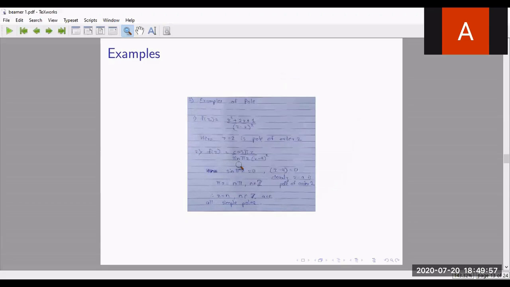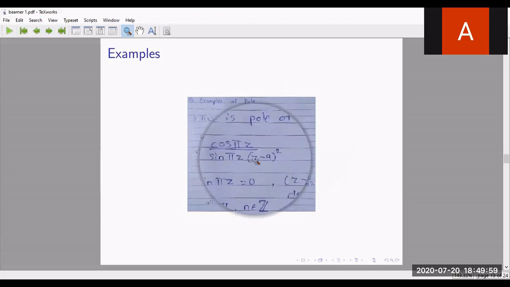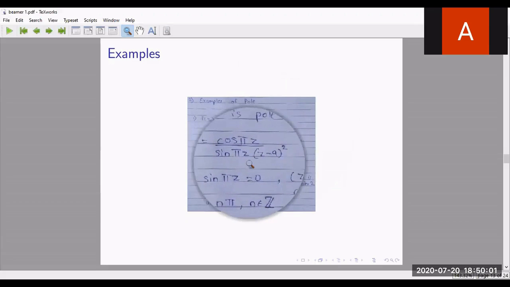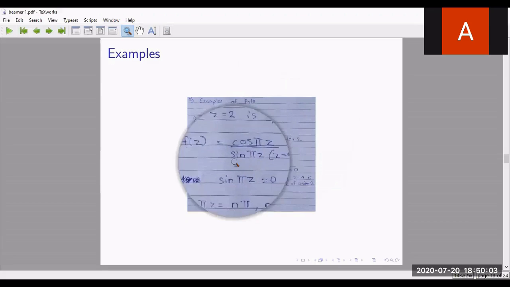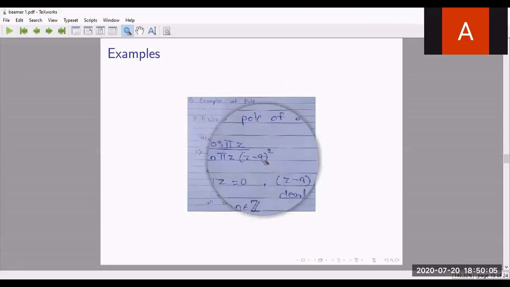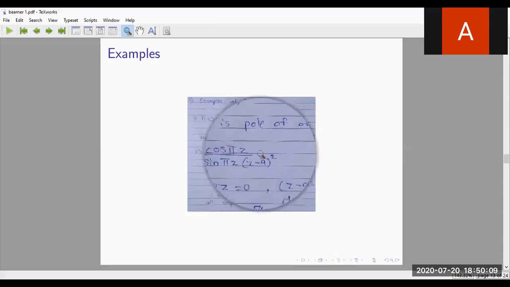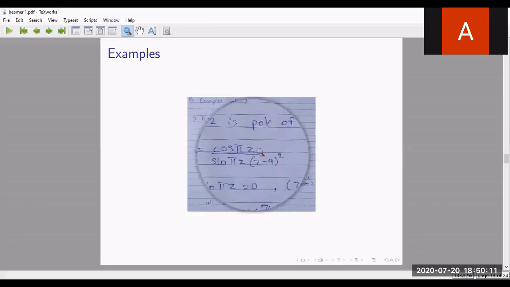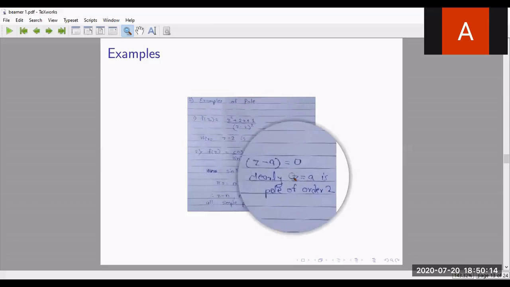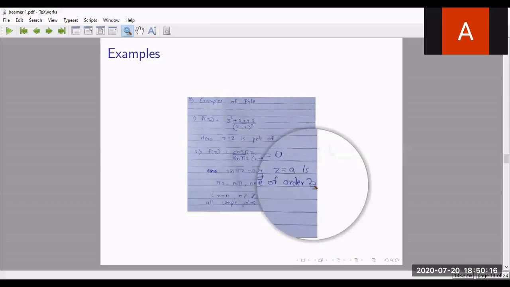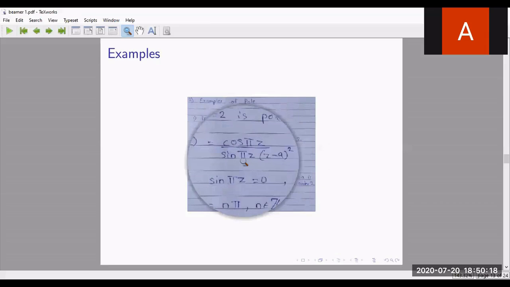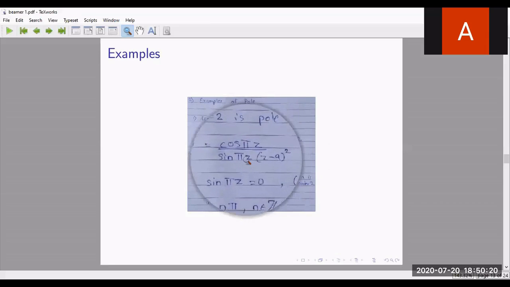Now for this example, in the denominator we have two parts, two terms actually. One is sin pi z and another is z minus a whole square. By looking at this example, this part you can clearly say z equals a is a pole of order 2. But what about this? Sin pi z also becomes 0 for which values?